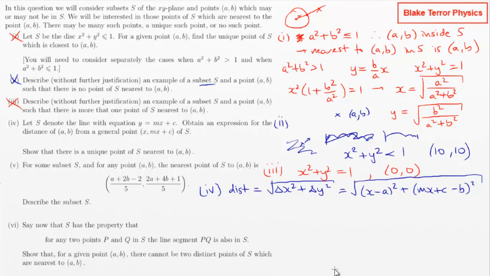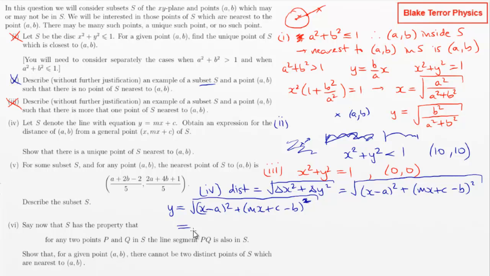So that's our distance then, and now we have to show that there is a unique point of S nearest to AB. So we're just differentiating this. If we've got y is equal to the square root of (x minus a) squared plus (mx plus c minus b) squared, although on the face of it this might look like a complicated equation to differentiate, it's not really, because the power of a half is going to go to minus a half when we differentiate it.